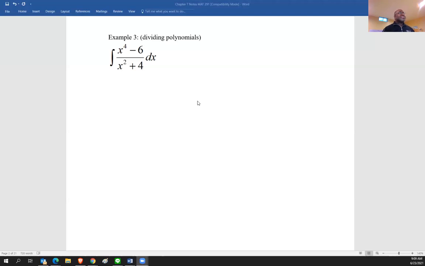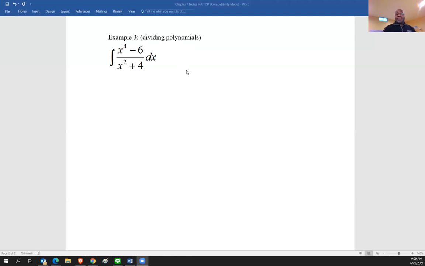But then you have that x to the fourth power. That's not something that we could easily use substitution for in this problem. So one particular method that we can use here, especially with polynomials, and particularly in the case where the numerator has an equal or higher degree than the denominator, is to divide the polynomials.